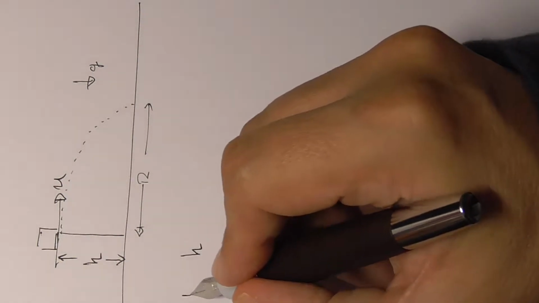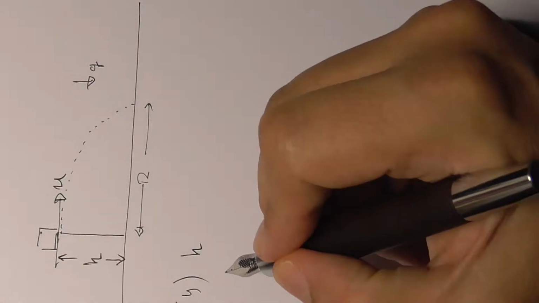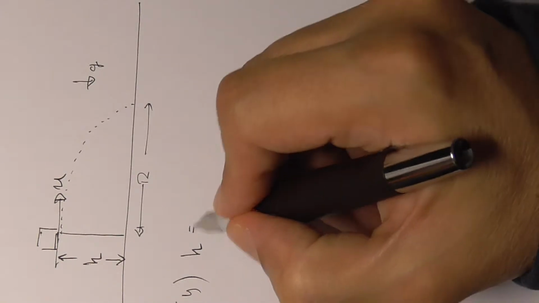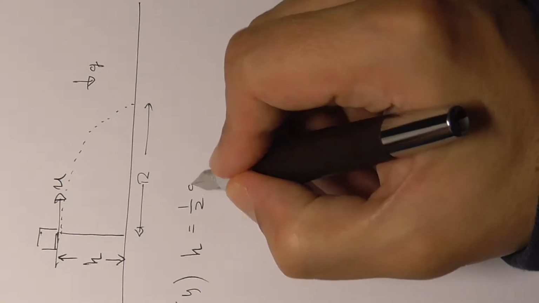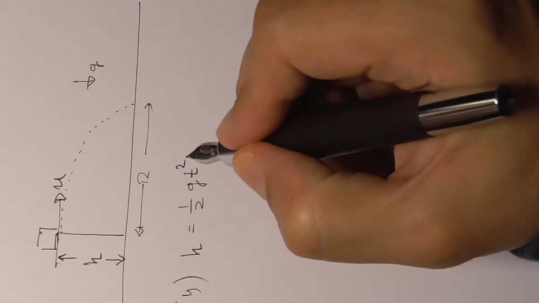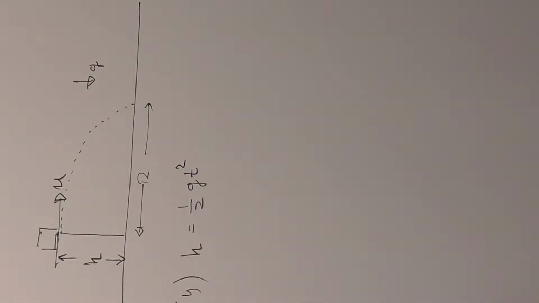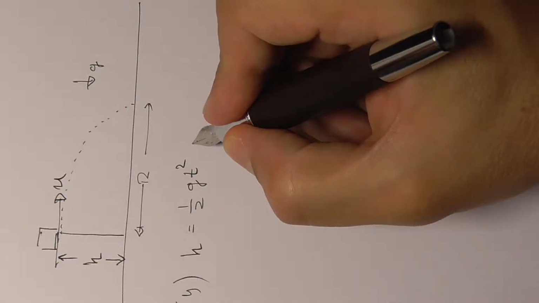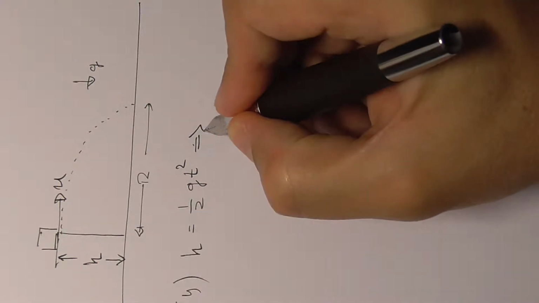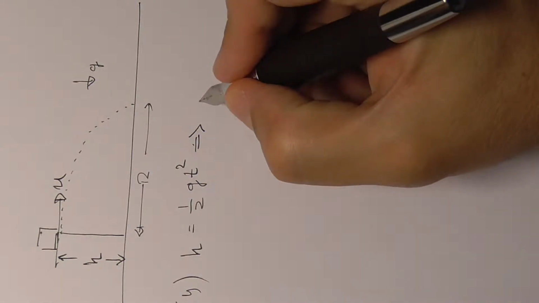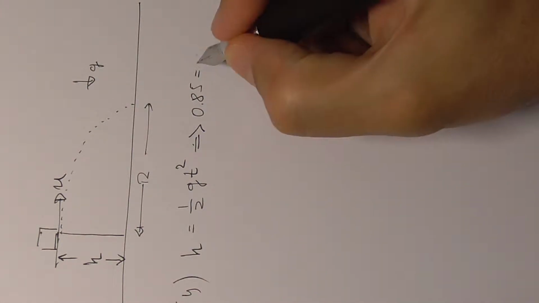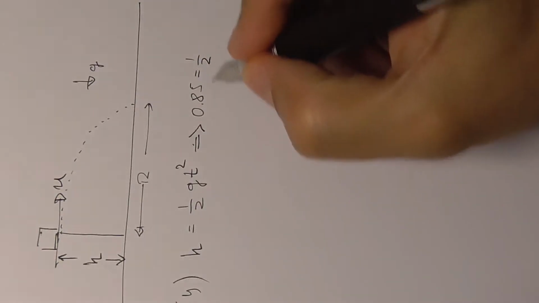So for the motion in the y-axis, I can write h is equal to 1/2 g t squared. I will substitute the values. Therefore, 0.85 meters is equal to 1/2.